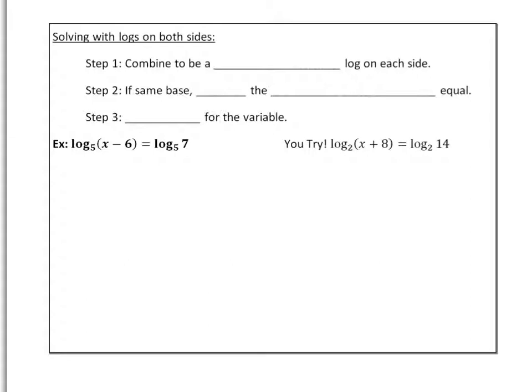Last type of problem here is when you don't just have a log on one side, you have it on both. Well, first thing to make sure is that on each side there's only a single log. If the logs have the same base, you're going to set the arguments equal.